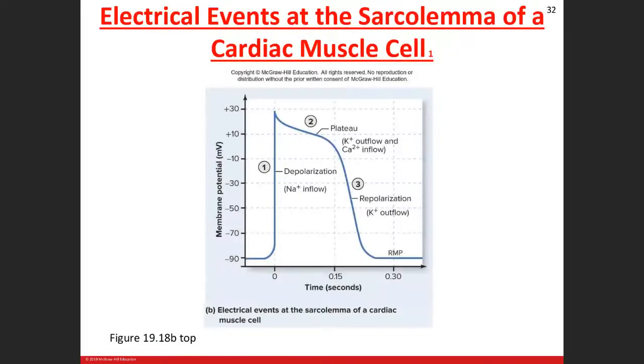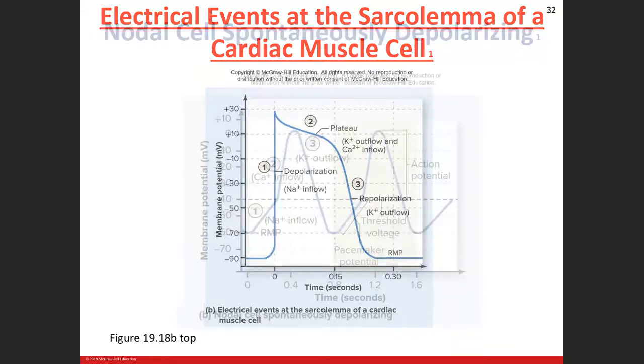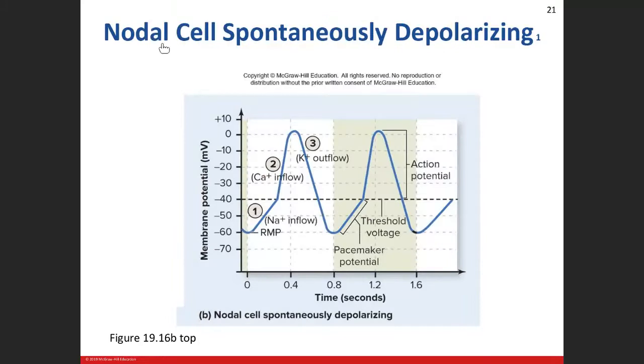That's what we see here on this graph. So you should know, when you see this graph here, we're talking about a cardiac muscle cell. If you see this one, this graph here is a nodal cell.